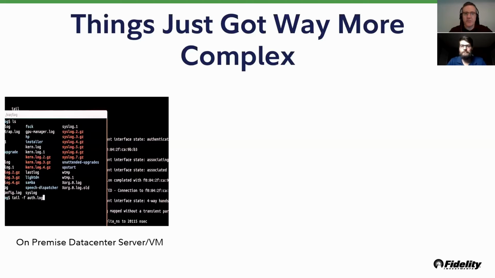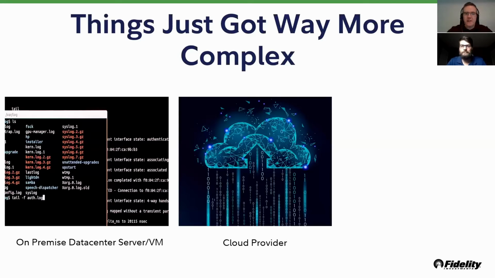But as you saw from the previous slide, Fidelity's cloud journey is well underway, and as part of that move to cloud, you have far more services, whether they be native CSP services or your own highly distributed services, a lot of serverless architecture, short-lived compute, that type of thing.